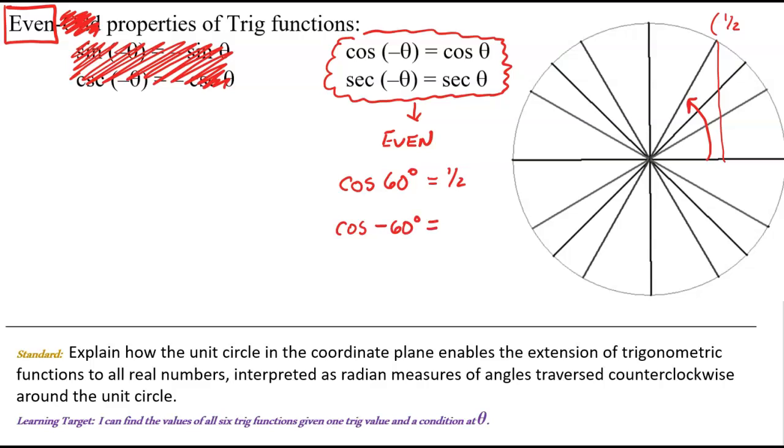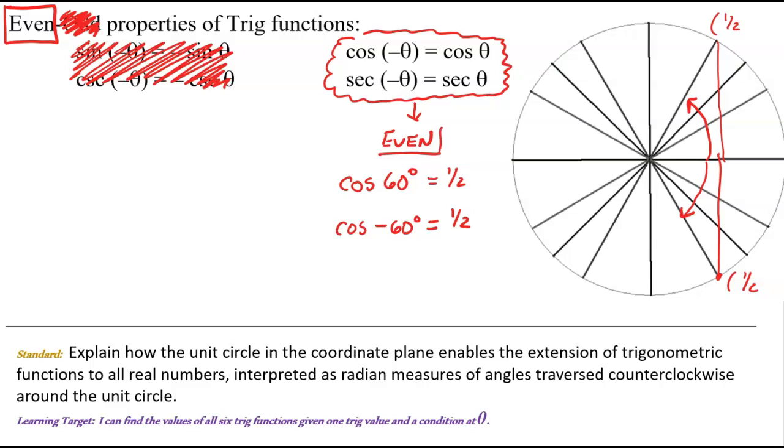Here's what's nice about an even function. If I go negative 60 degrees, which is in the opposite direction, the x-coordinate doesn't change. So this will save you a lot of time. If you're trying to find cosine of a negative angle, you can, in essence, drop the negative and get the same answer.